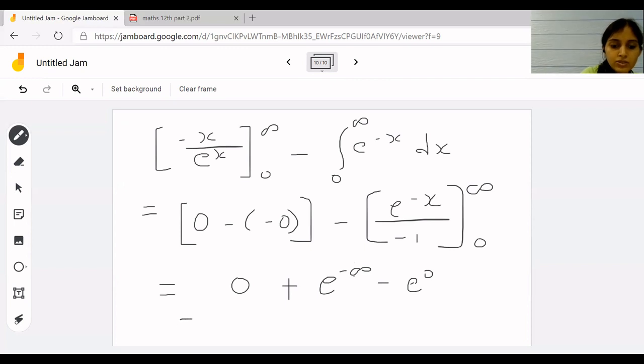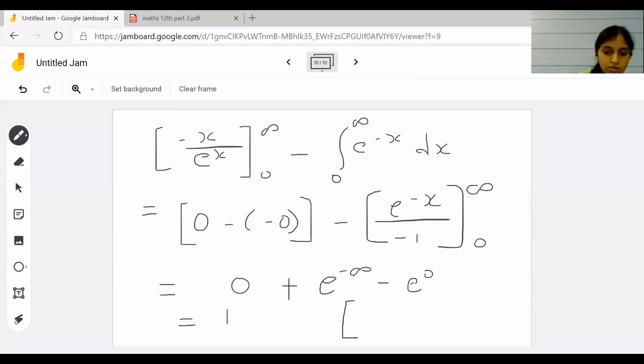Okay, so which is equal to 1. Now how do we get this 1?